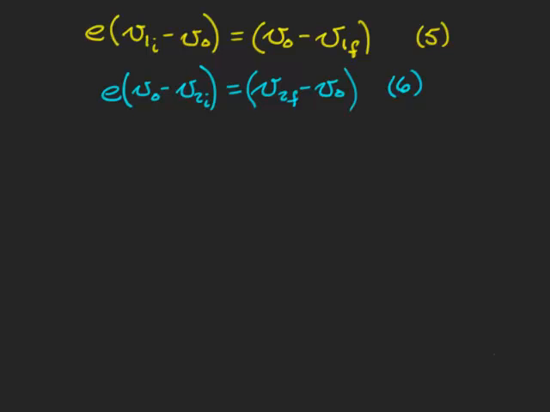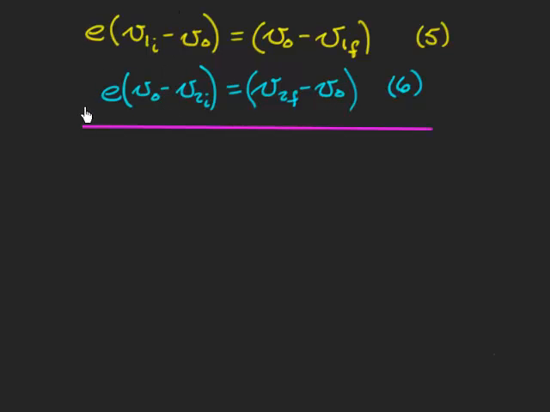But check this out. These two equations have the v0, the thing we don't like, in opposite ways. I've got an e times a minus v0 over there. I've got e times a plus v0 below it. Notice I've got a v0 on top on the right side and a v0 on the bottom on the right side as well, and they're both opposite of each other. So maybe you can see what I'm going to do.